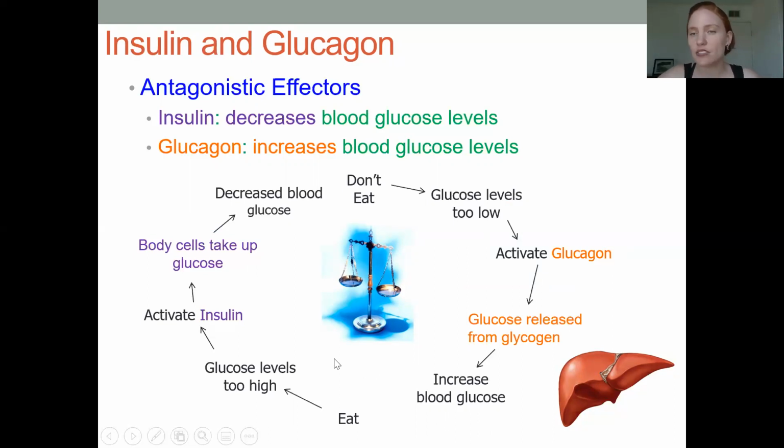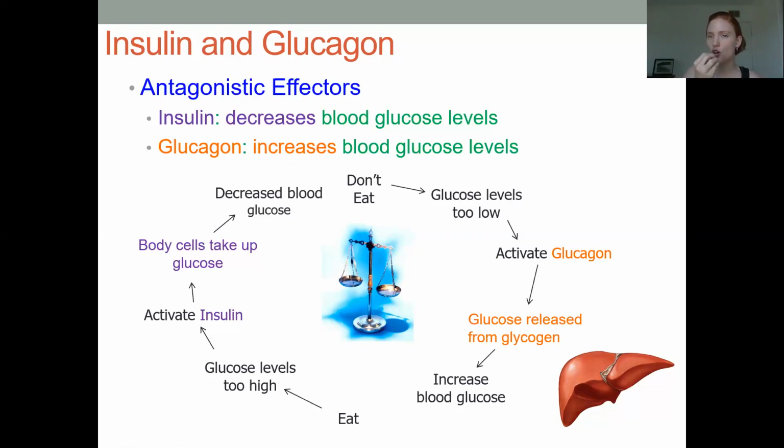When you've eaten, during the absorptive state, you have high levels of glucose because you've just digested a bunch of stuff. That high level of glucose itself will act as the stimulation to secrete the insulin from the pancreas. The insulin then goes to the body cells. It causes them to insert those glucose protein channels into the surface.